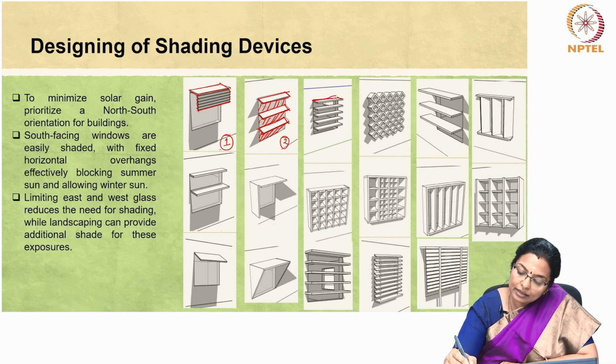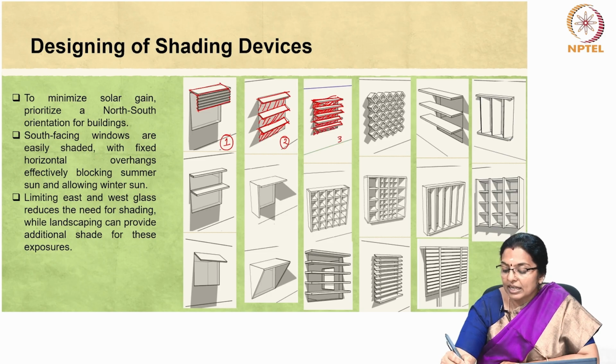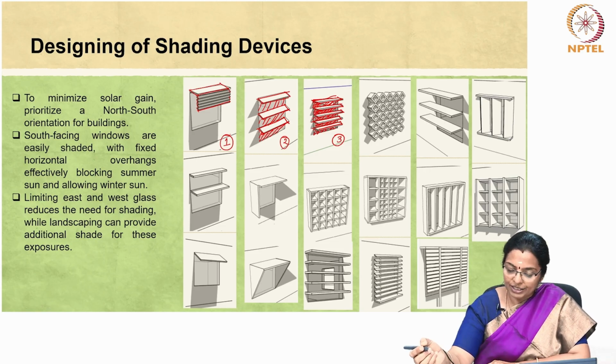If the depth of the shading device is less, then you can have multiple horizontal shades. Again, this will ensure that the complete window or glazing gets shaded. At the same time, there is no compromise in number 2 and 3 in terms of daylighting and ventilation.